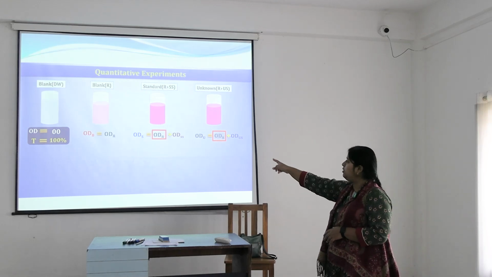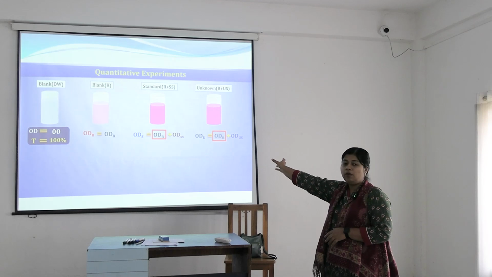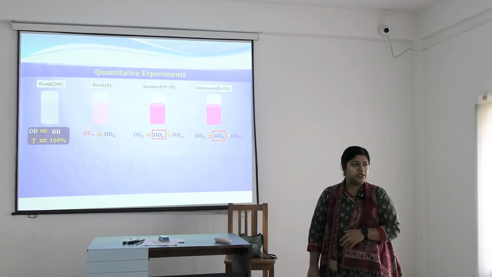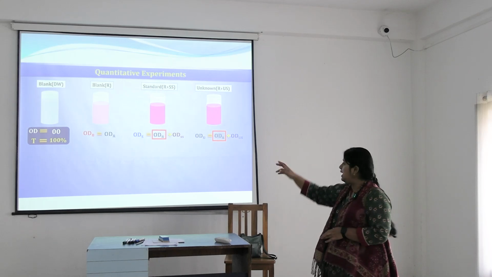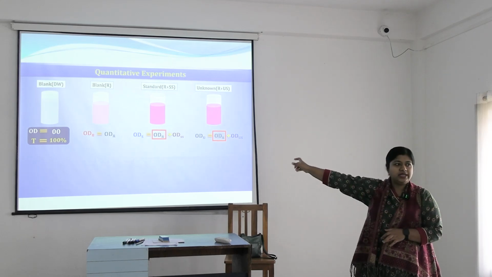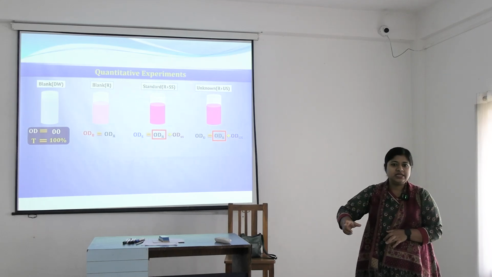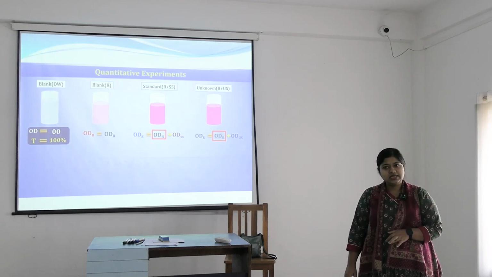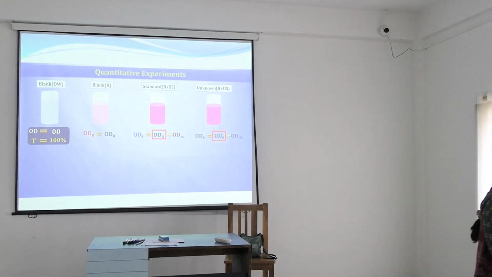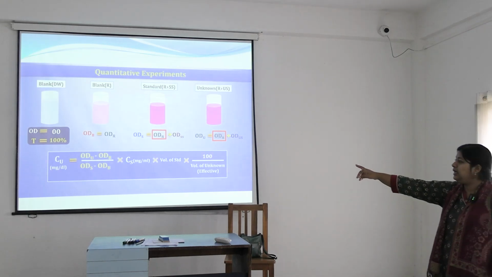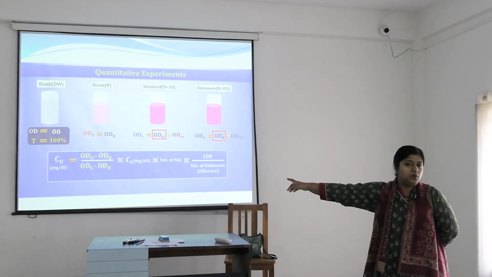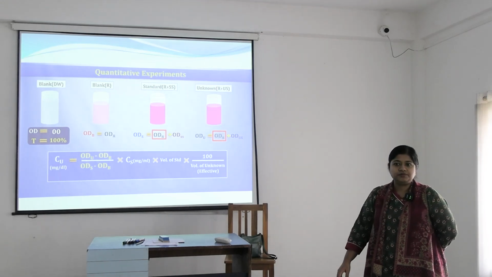So the OD of standard is the combined OD of reagent and standard solution. And the same, the unknown OD is the combination of reagent OD and unknown solution's OD. Understood? So to be specific and to eliminate the errors, we have to subtract the ODR from both the ODs.